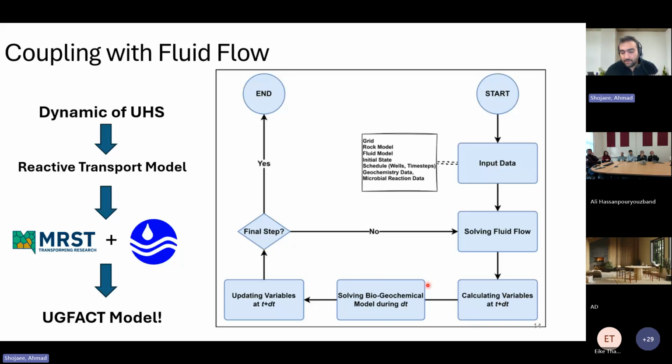But before going to the next time step, we took all variables, for example, the amount of each component, pressure, saturation, volumes, everything. We take it to our bio-geo model, solve the reactions and update the variables, I mean the composition, pressure, and saturations. Then we use these updated variables as the initial condition for the next time step. It's solving the problem by implicit flow and explicit reactions.